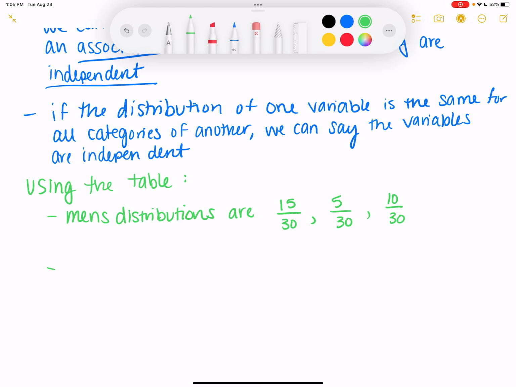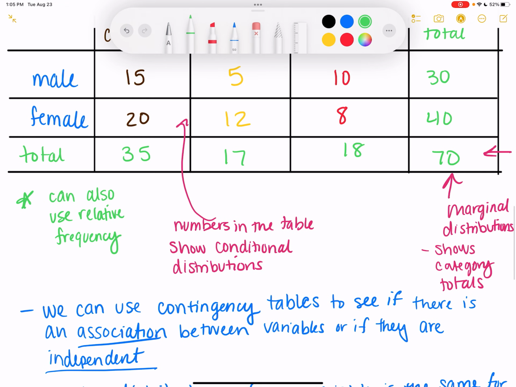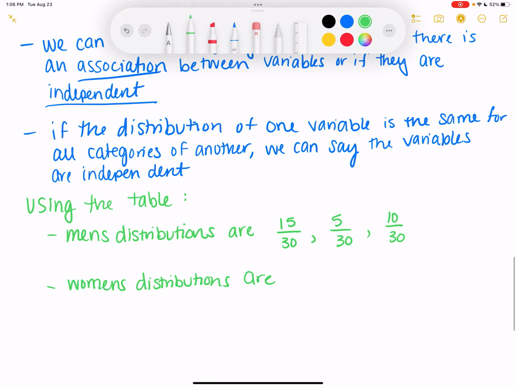And then the women's distributions, I think those were out of 40. The total number of women is 40, so it'll be 20, 12, and 8. So 20 out of 40, 12 out of 40, and 8 out of 40.